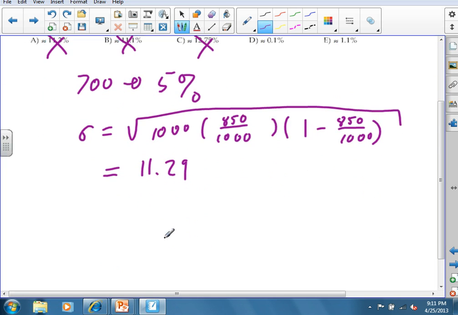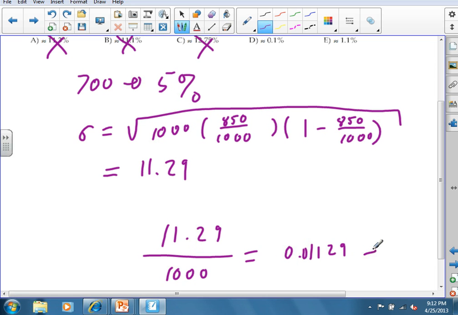And then we take that 11.29 and divide it by 1,000, and what do we get? Some of the answers. 0.011291589. 0.01129.